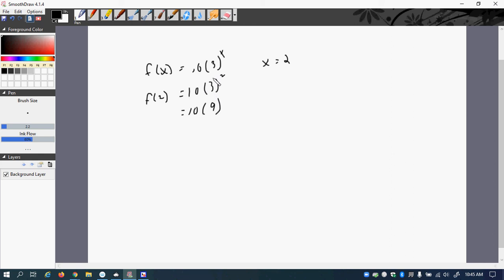We do the exponent first, and then we multiply. So now we get 90. So f of 2 is 90, or the point is (2, 90).